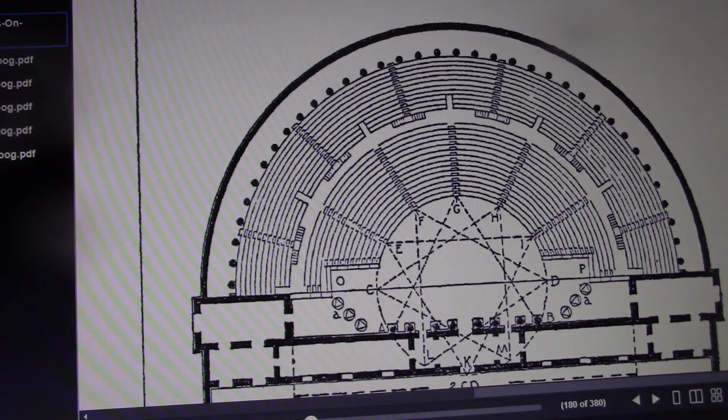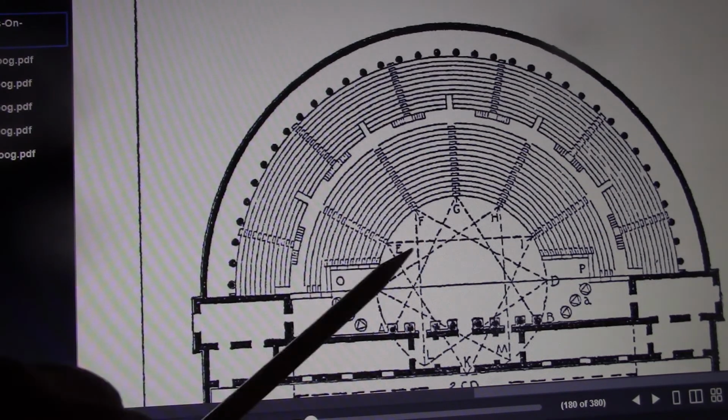So what does that mean? It means that 1 second of an arc is 1/3600th of a degree, or 1/1,296,000 of a full 360 rotation.